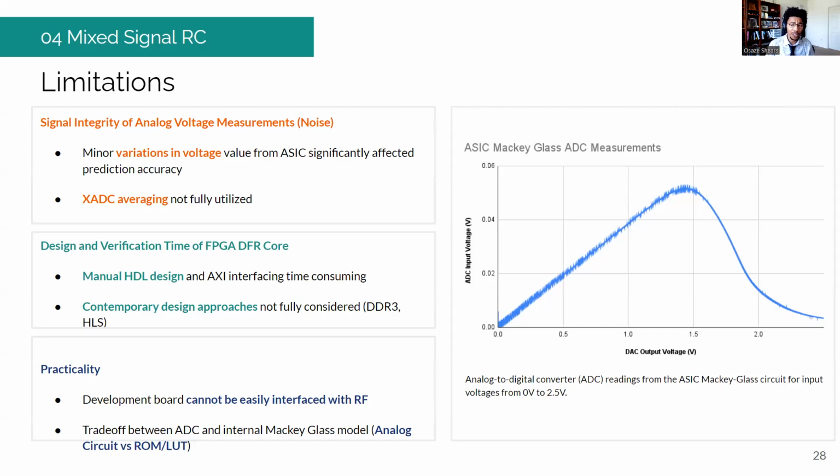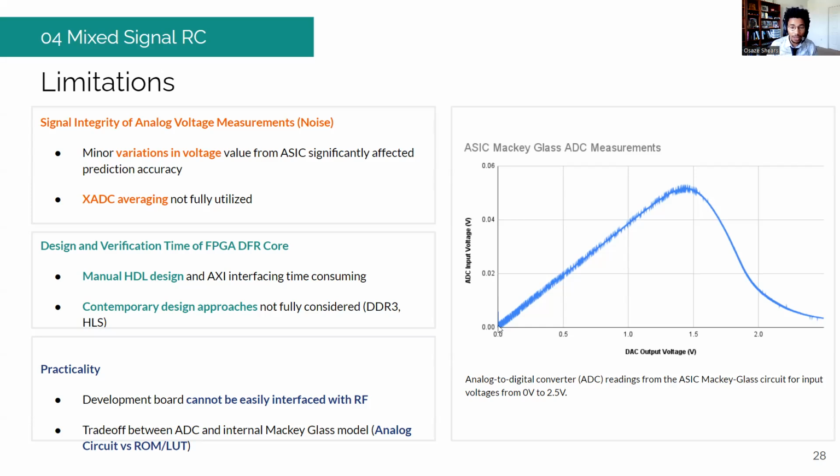But there are a lot of limitations with this initial approach. One of the first things, and this is a pretty major issue, is that the signal integrity of the analog voltage measurements from the ASIC affected the accuracy of the model pretty significantly. On the right, I've shown a graph of some sample readings that we get back from the ASIC when we send pretty constant input values to be transformed in a nonlinear way.